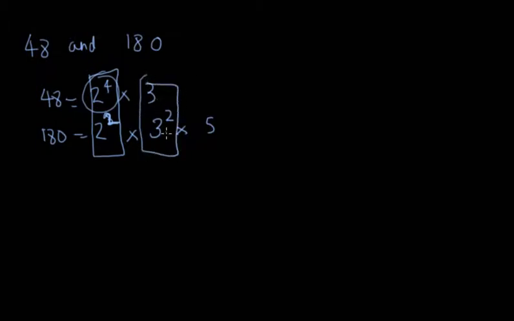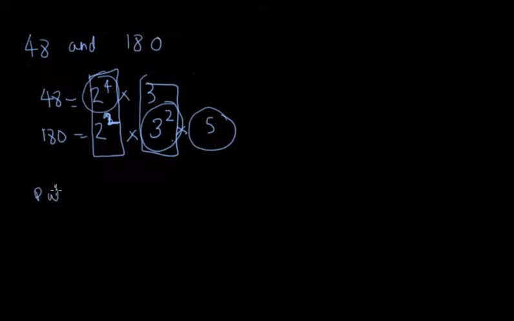There's 1 here, and there's 2 in 180, so we pick the higher one. And for 5, there's no factor of 5 in 48, but there's 1 in 180, so we pick the highest of these.